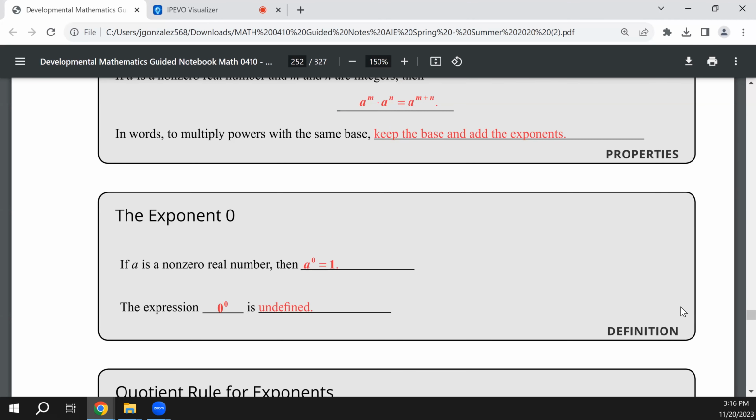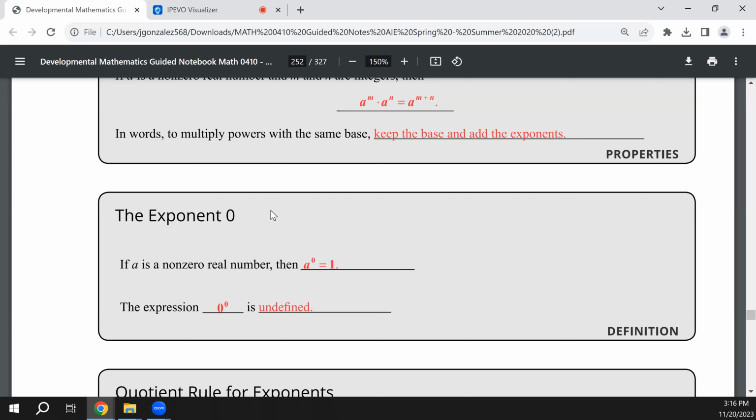The exponent 0. Now any number, any variable, raised to the 0 power is going to be 1, except the number 0. Everything except 0. But right here, they tell you straight up, 0 to the 0 is not defined. Okay, it's undefined. Everything else is 1.